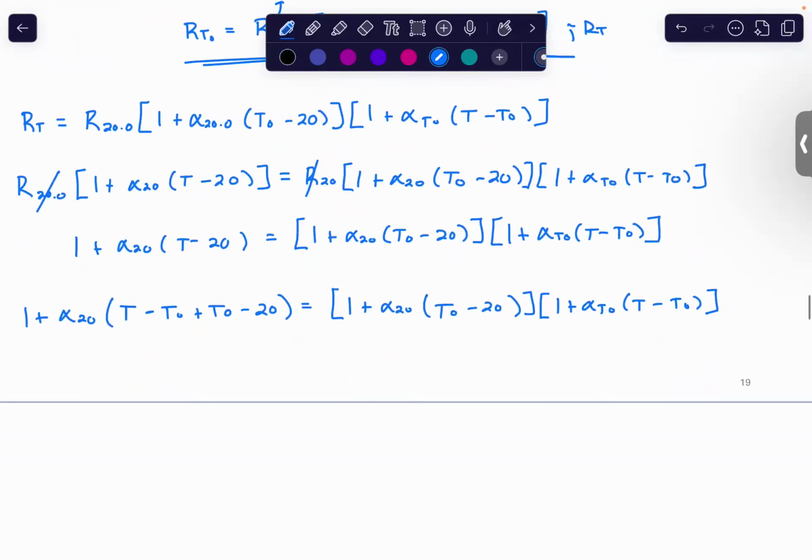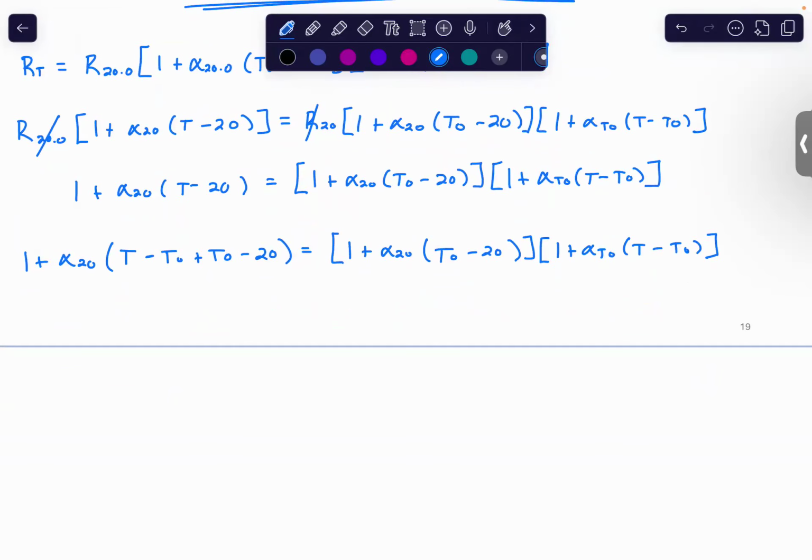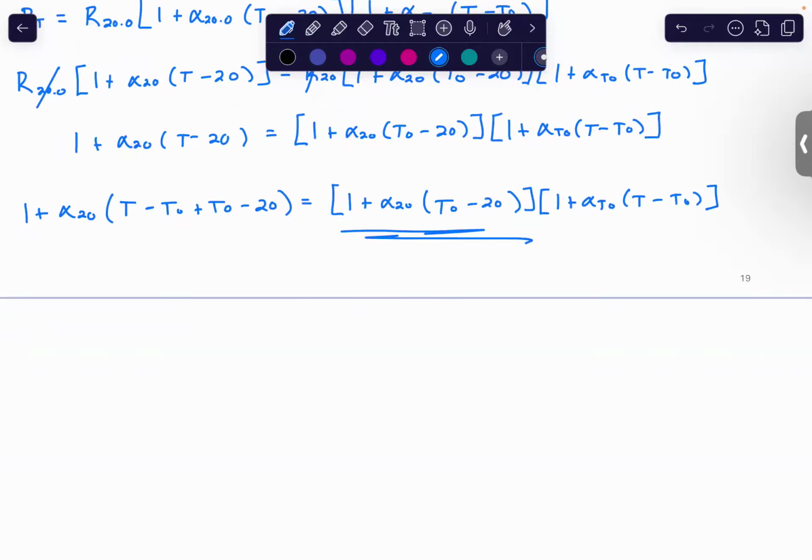Okay, so what I'm going to do is now I'm going to divide through, and divide through by that factor right there. Okay.